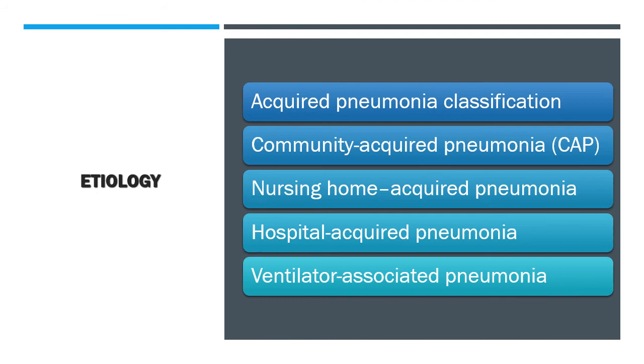Common VAP-associated agents are Pseudomonas aeruginosa, Enterobacter, Klebsiella, Acinetobacter, Stenotrophomonas, and S. aureus. Concern that the occurrence of VAP is preventable lies at the root of possible reimbursement penalties for the hospital when it occurs.